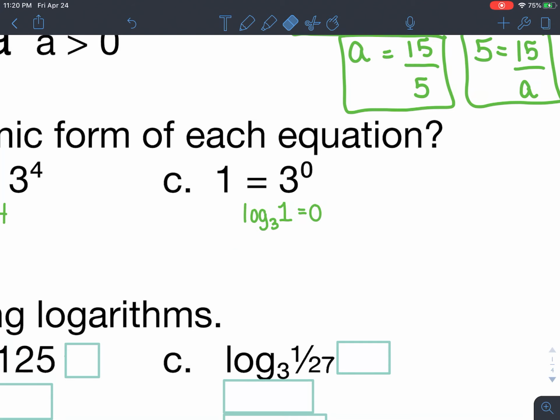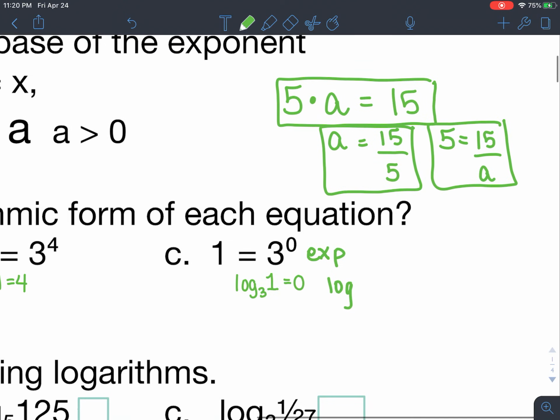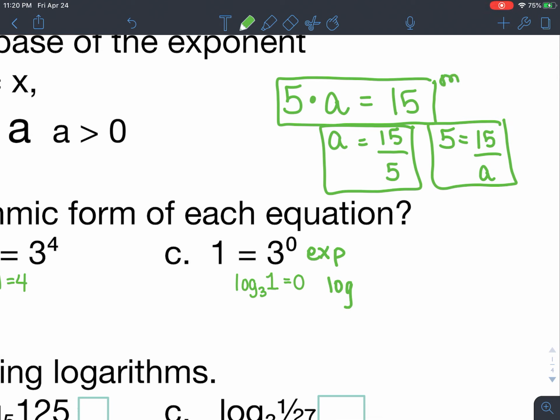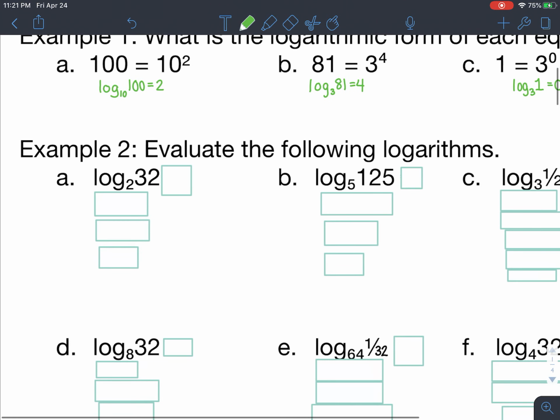So these are equivalent forms. This is exponential form, and this is logarithmic form. Just like this is a multiplication equation, but these are division equations. Okay. Let's come down and evaluate some logarithms.